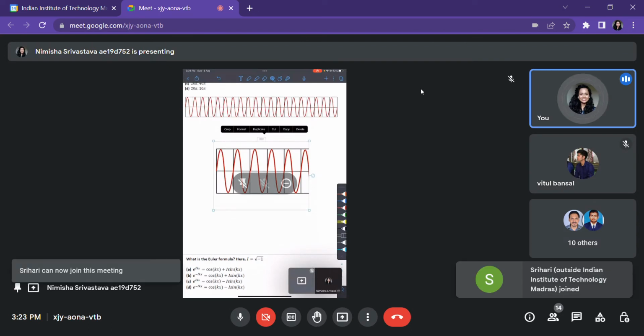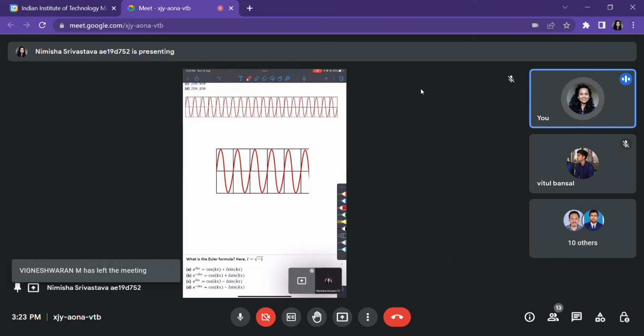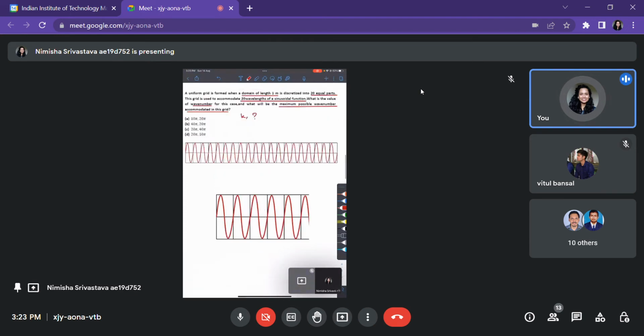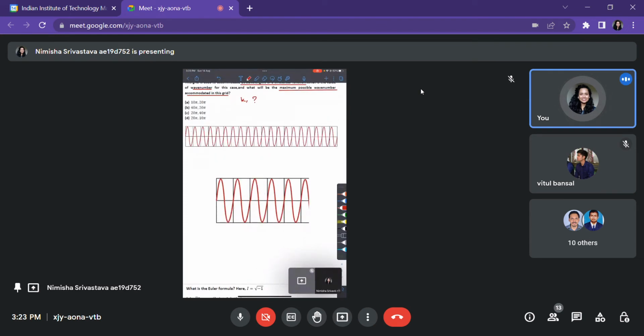It told me that there are 20 boxes in my 1 meter, and I have accommodated 20 wavelengths in that. Since you all told me that one wavelength is equal to both the halves of the sinusoidal graph, that means one wavelength is fitted inside one box.